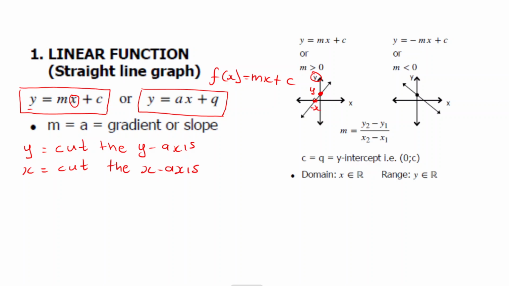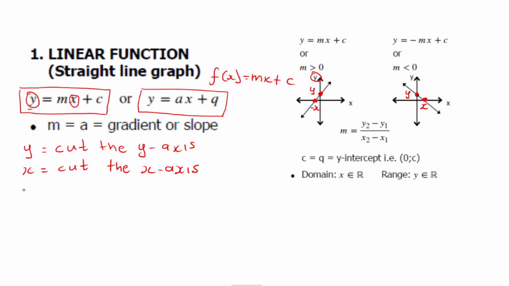This is where the graph cuts the x-axis. On the other side, this graph cuts this point, which is the positive x. This graph cuts this point, which is a positive y. So these two points are represented by this y and x. These are the points where the graph cuts the y-axis and the x-axis.